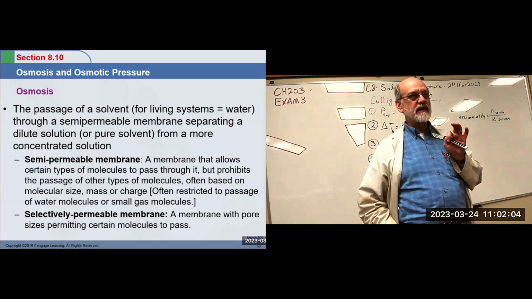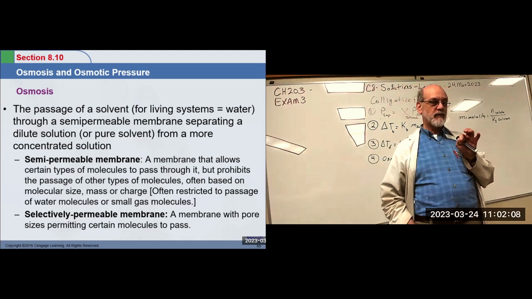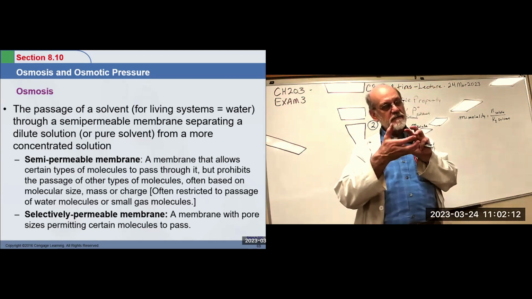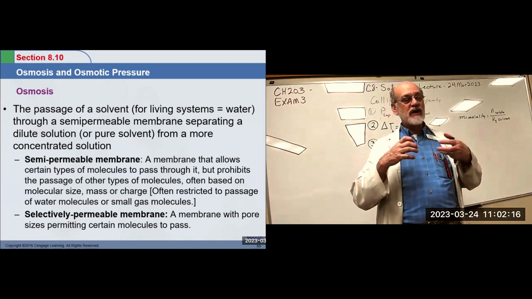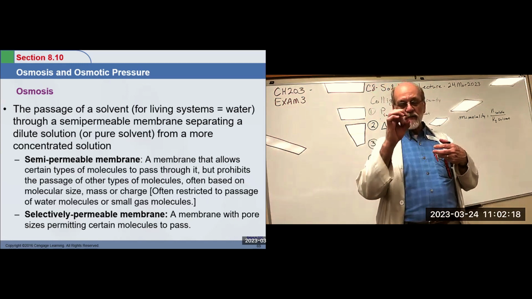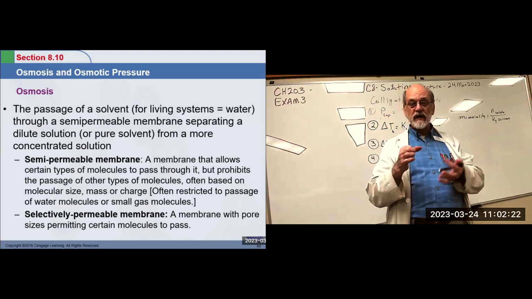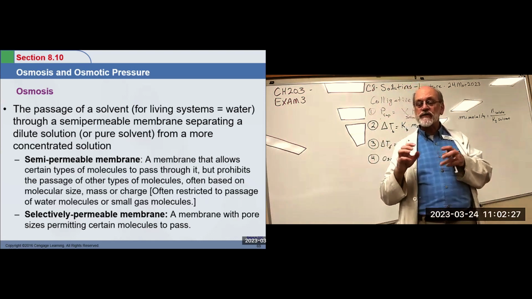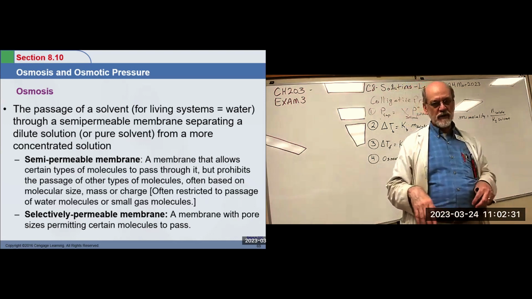We're only interested in the passage of water. Whereas a selectively permeable membrane is constructed in such a way that the pore sizes are standardized. They're regular pore sizes depending on the choice of the selectively permeable membrane. You can get them very small or larger, and they will allow certain size molecules to pass. That's selectively permeable membrane.